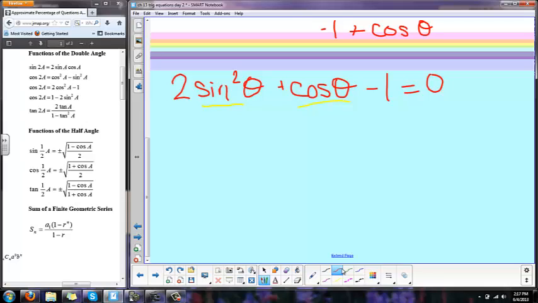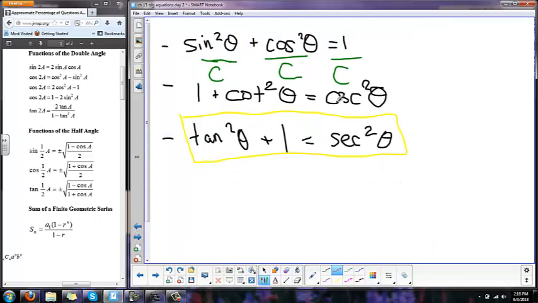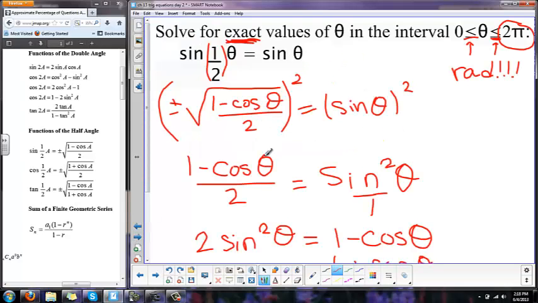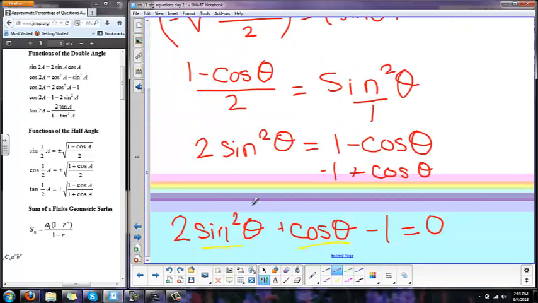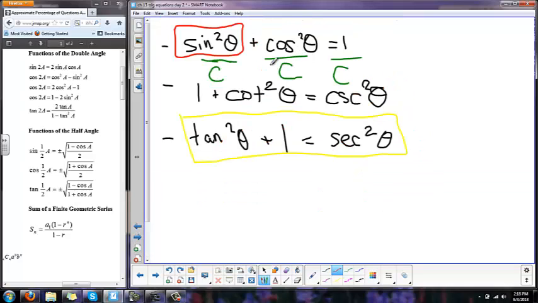But what I do know is, going back to all those equations that we wrote before right here, I do know that this equation has a sine squared theta right here. And I have a sine squared theta in my problem right here. So maybe I can rearrange this equation up top somehow and get sine squared by itself. Let's see.